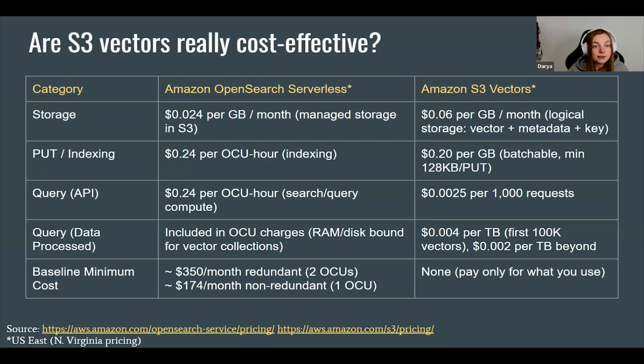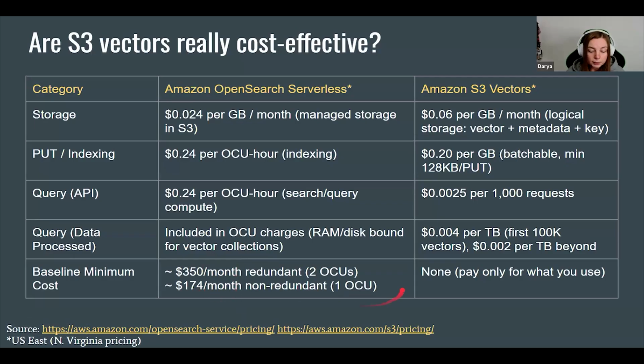I mentioned in the beginning that S3 vectors are cost-effective, and now let's see why. This table is a little bit big, but I will walk you through. When we compare Amazon OpenSearch Serverless with Amazon S3 vectors, the key difference is cost structure. For Amazon OpenSearch Serverless, you will be charged based on OCUs. It's basically a compute unit that bundles CPU, memory, and storage.